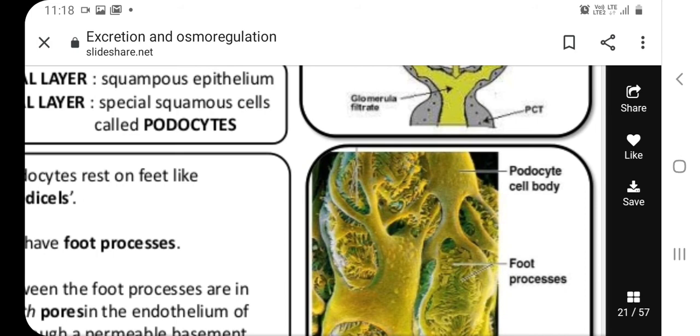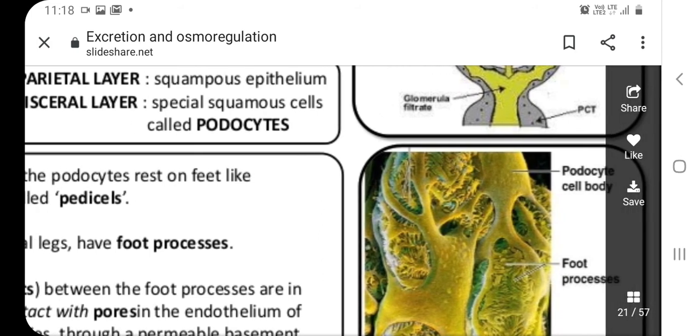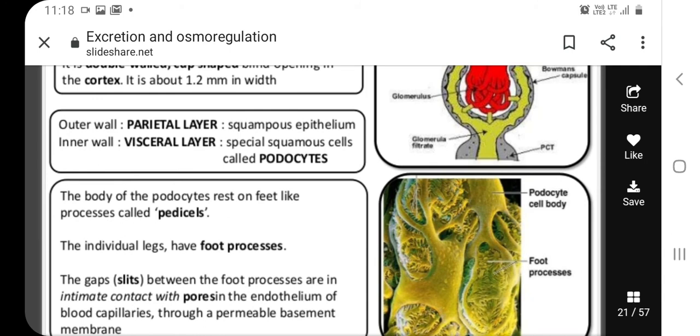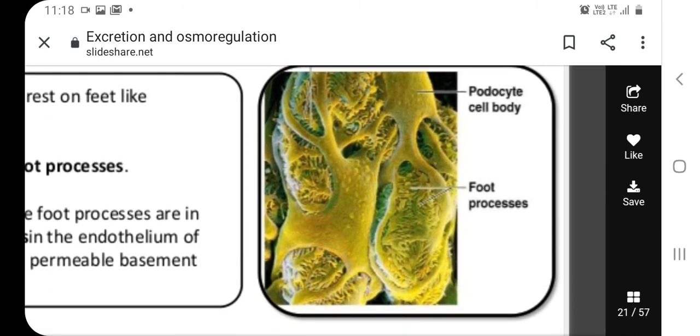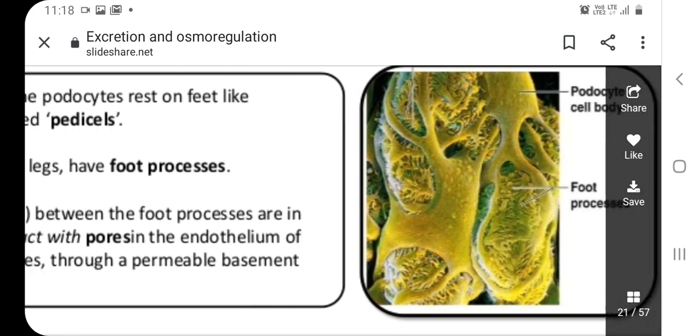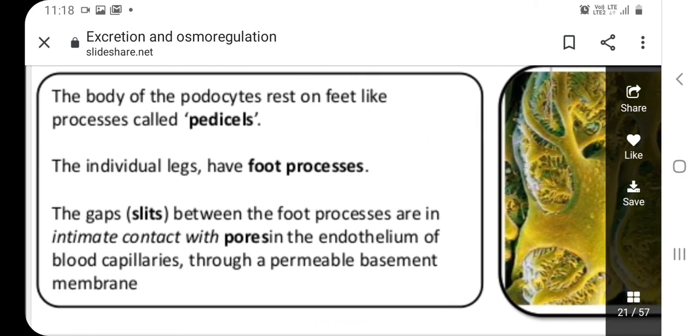inner wall of the capsule is made by squamous cell called the podocyte. These podocytes have feet-like processes. These feet-like processes are called the pedicel.